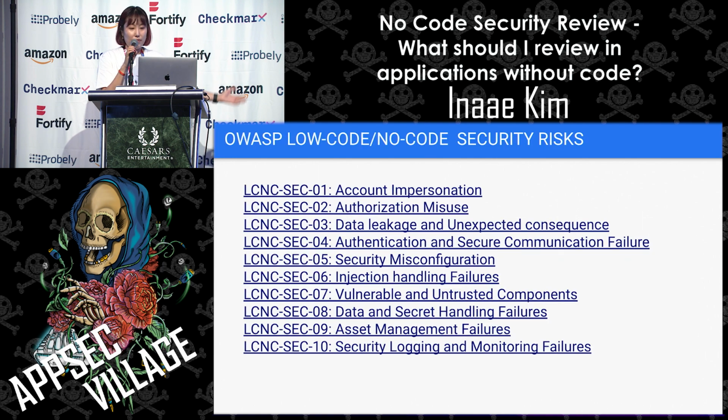You can also find the technical security and privacy risks of low-code applications at the OWASP organization. I recently found that OWASP also publishes a low-code no-code security top 10 risks. I'm not going to walk through each risk at this time, but I will talk about a few of them later while we are exercising the security review.